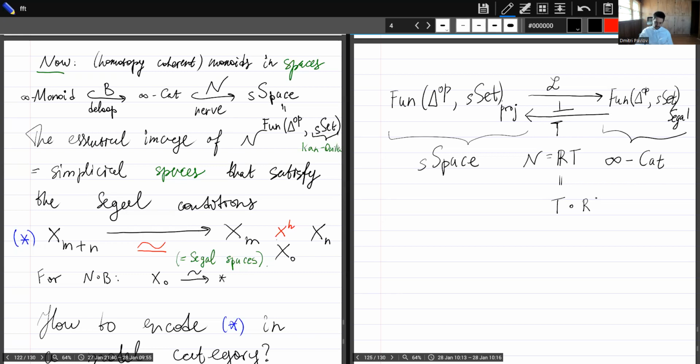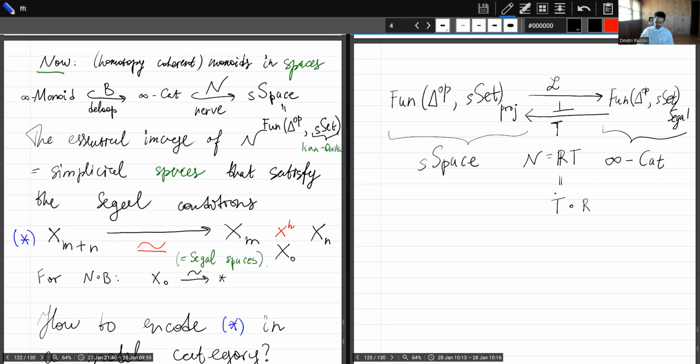And the right derived functor is computed by precomposing with the fibrant replacement functor. And the fibrant replacement functor here, it does some non-trivial things, right? It takes an object in this category, which is a functor from Delta op to sets, and it forces it to satisfy the Segal conditions.